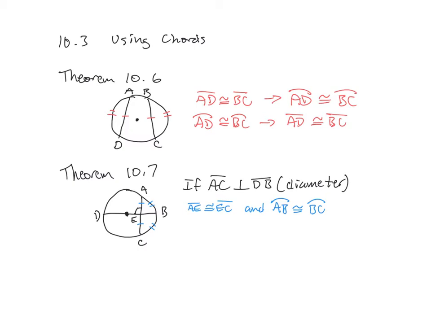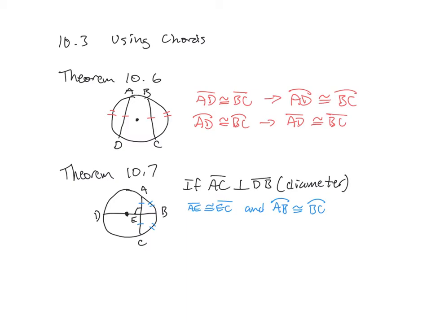But I did know already that this AE part and this EC part were congruent, and I could conclude that the arcs are congruent. So 7 and 8 definitely work together.